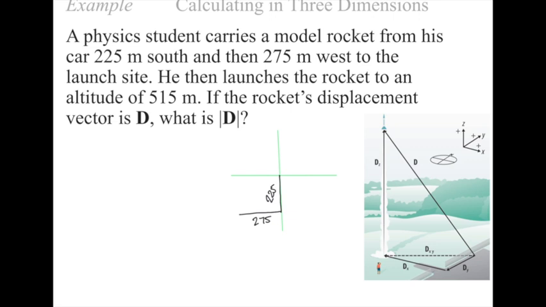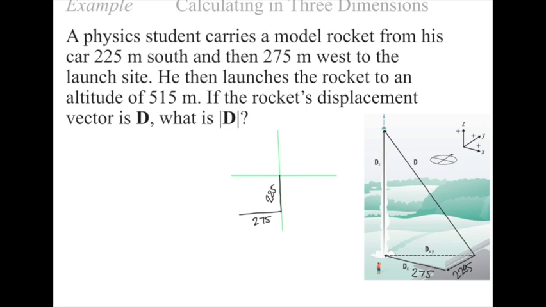And so if you think about this, what they did right here is they created the south 225 and the west 275 right there. So the displacement from where he started at his car all the way to the launch site is going to be the base of our new triangle, the base of our new displacement, right?